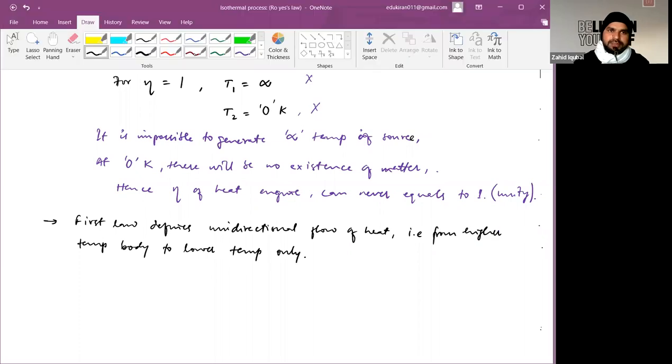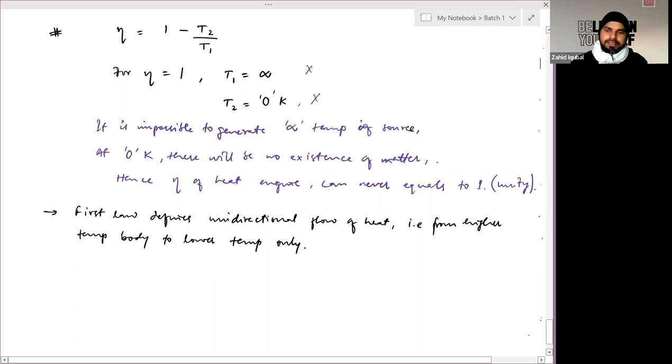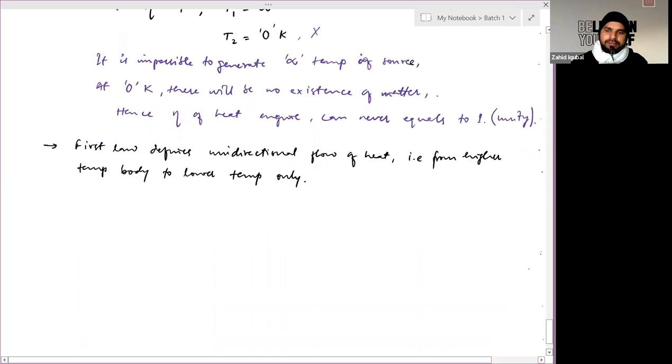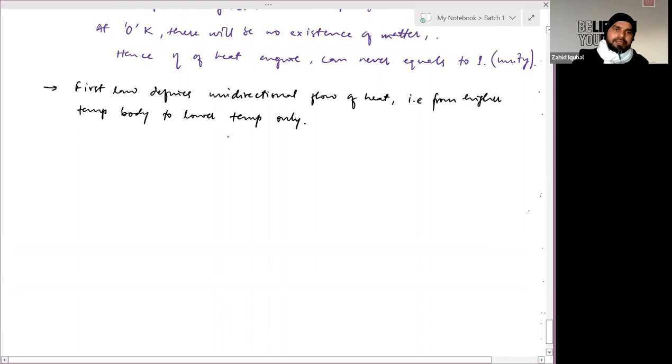So let me define to you the basis of second law.